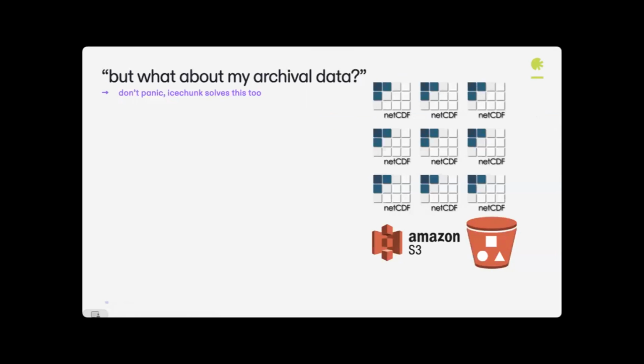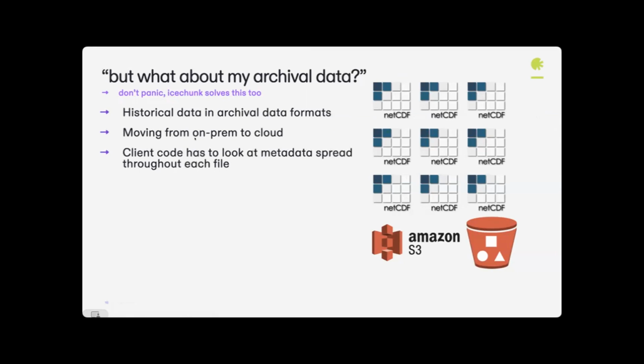So this is all great. But a lot of earth science data is historical data stored in archival data formats like NetCDF, and now all these files are being moved to cloud storage from on-prem storage. Because these are not in a cloud optimized format, this leads to a lot of performance penalties.